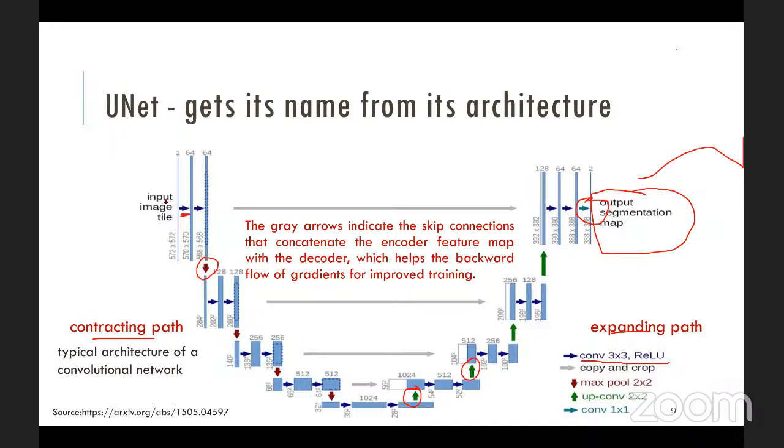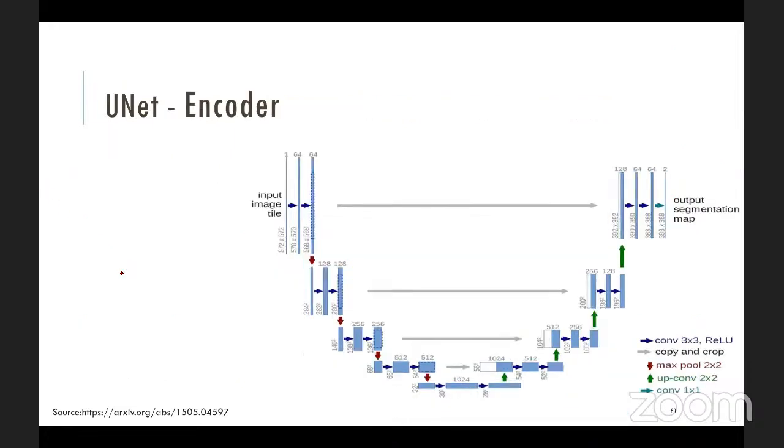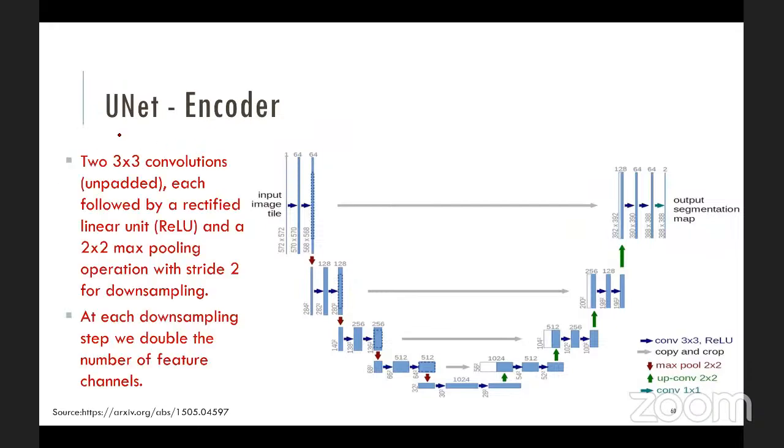So this is a very typical architecture of a convolutional network, because here you can see in the encoder the convolutional layers and pooling layers are there, right? So now let us first talk about the encoder. In the encoder, we have two 3x3 convolutions.